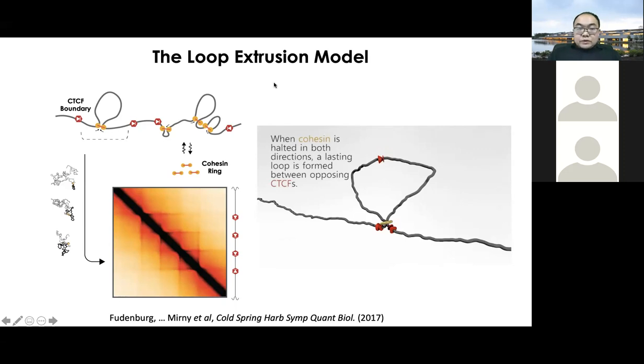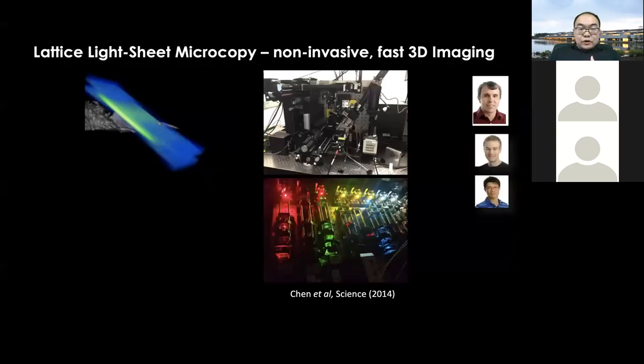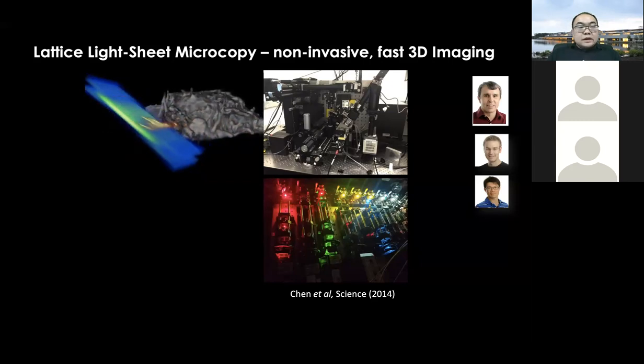And so our question is whether we can develop techniques that allow us to specifically study and image those processes in single cells. And we still definitely have hope because of my colleague, Eric Betzig. He developed super resolution imaging techniques as well as lattice light sheet imaging.